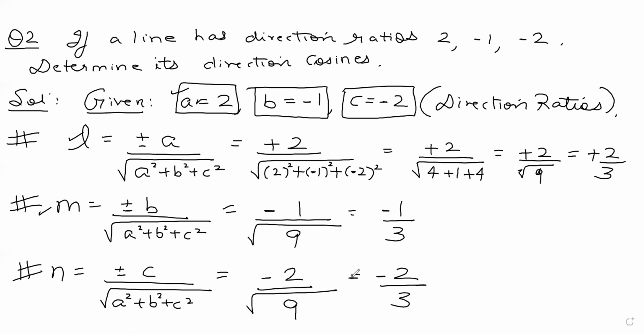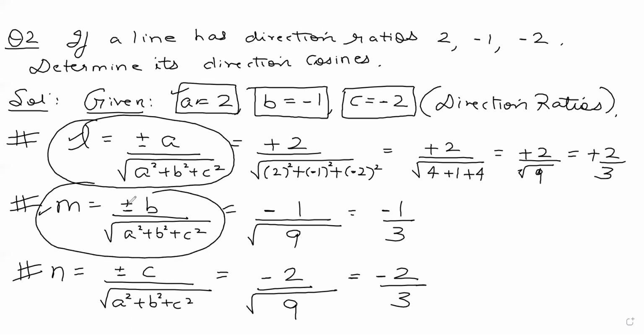So all students can see that using these formulae, we have calculated the direction cosines from the direction ratios A, B, and C. Hoping that students are clear with this and have no doubts.